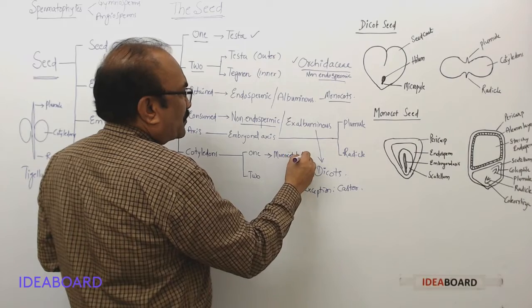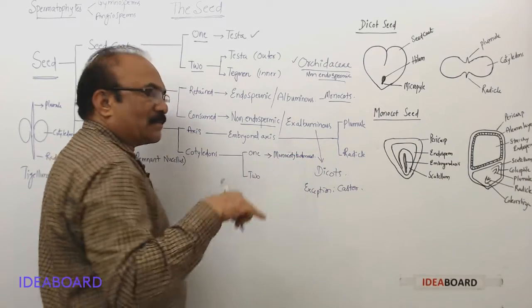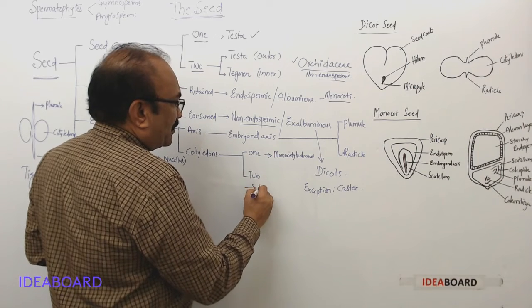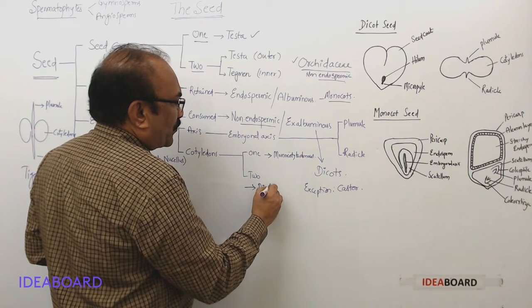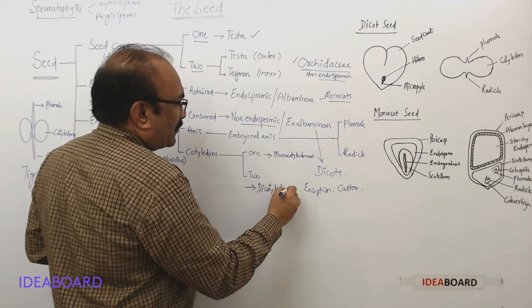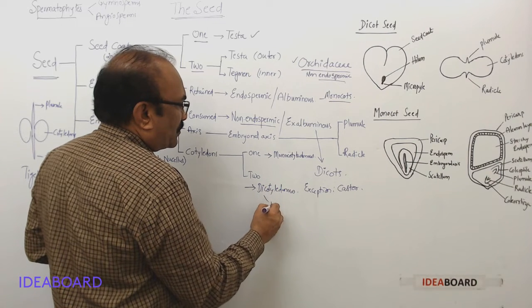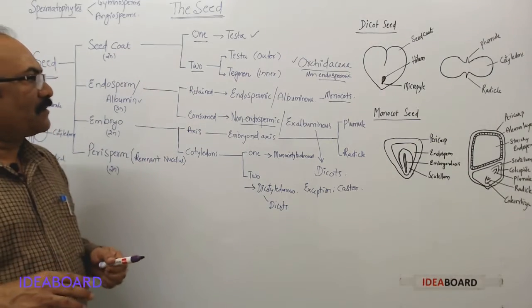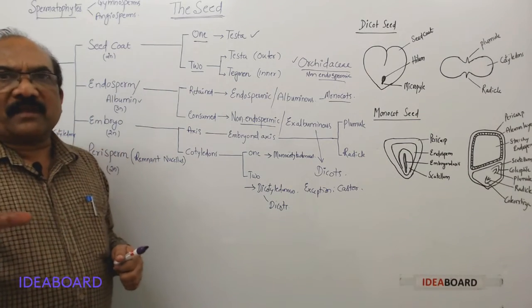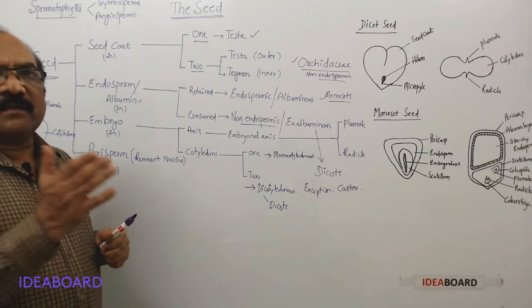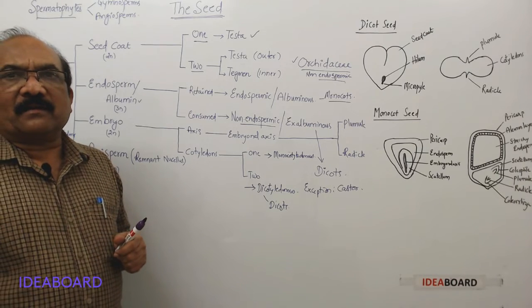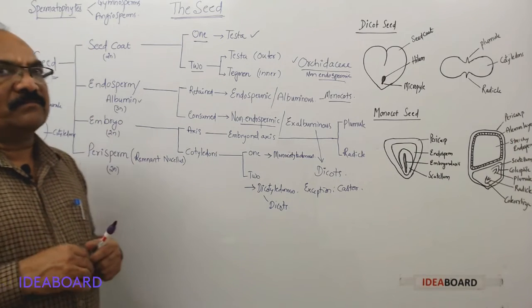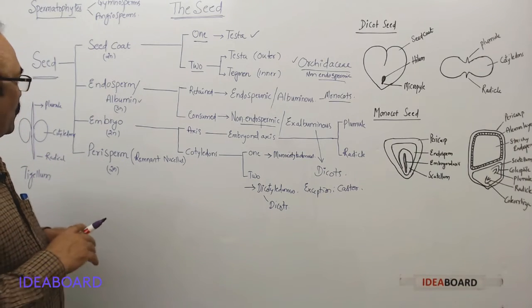Monocotyledonous embryos are present in monocots. And when two cotyledons are present, the embryo is called dicotyledonous embryo, and these are present in dicots. So I hope now you are understanding the point that the two classes of angiosperms, dicotyledonae and monocotyledonae, are named after the number of cotyledons in the embryo.